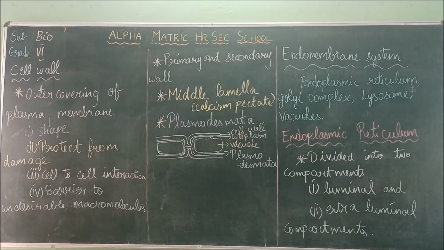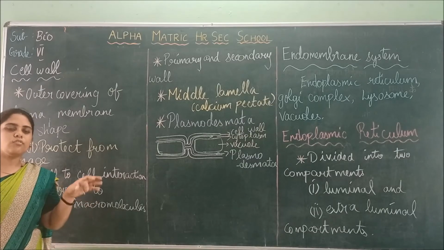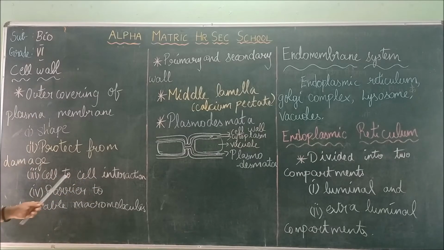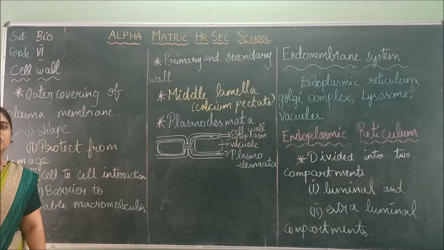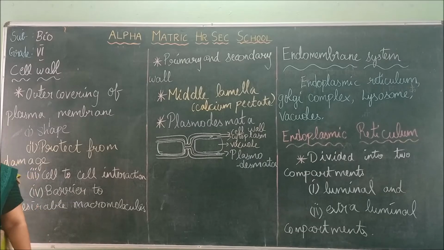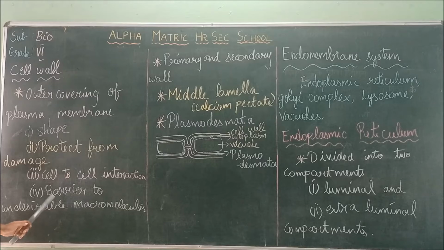It gives flexibility to the cell and cell to cell interaction. If any cells have to come near, they need to interact. For that also the cell wall helps with the communication of cell to cell interaction, and it acts as a barrier to undesirable macromolecules.